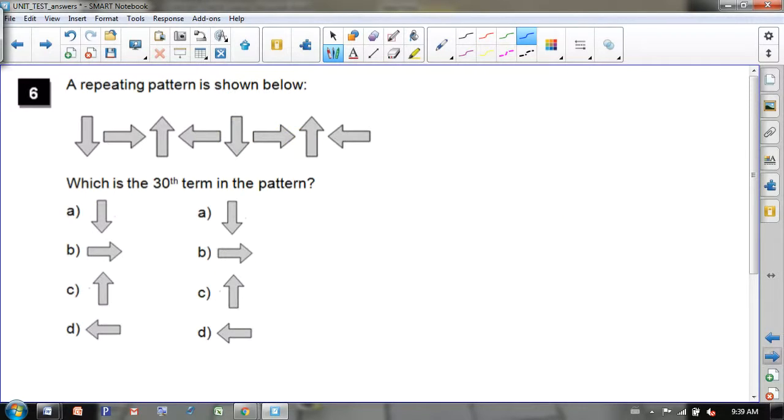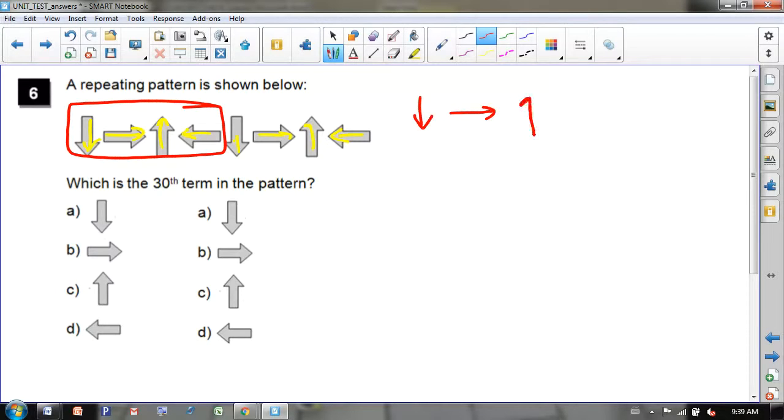Okay, question number 6 is a repeating pattern. The first thing is to look for the core. So down, right, up, left, down, right, up, left. The core in this sequence has 4: a down arrow, a right arrow, an up arrow, and a left arrow. Since there's 4 in the core, this left arrow is going to be every multiple of 4.